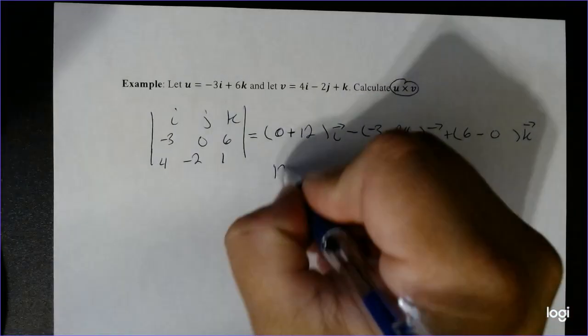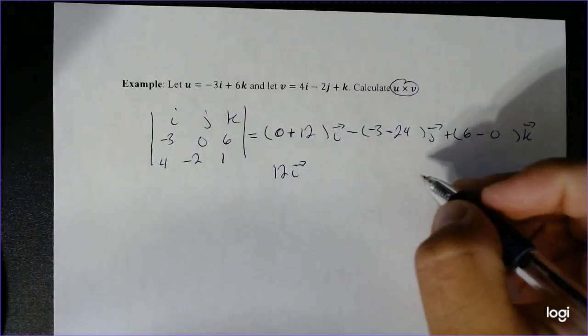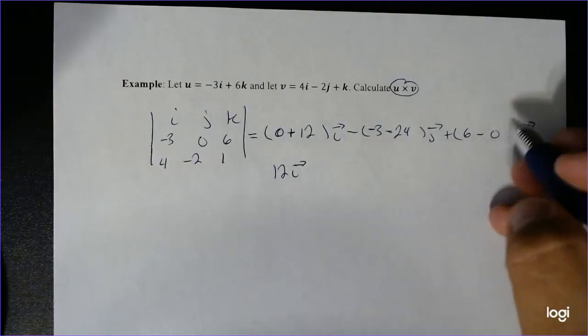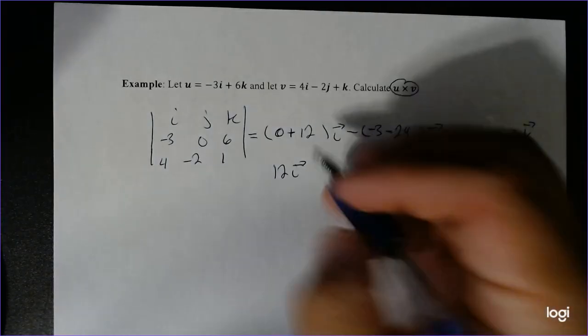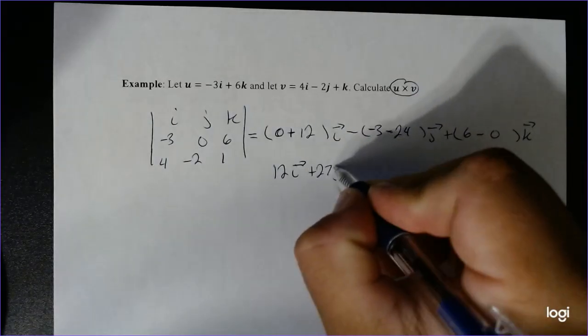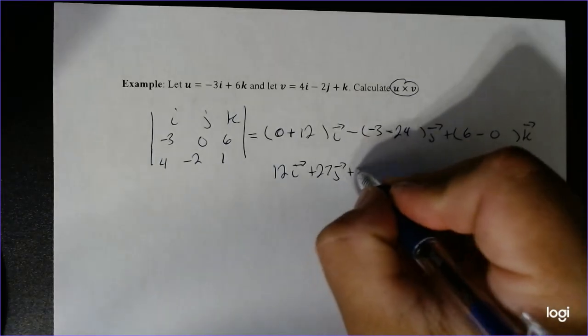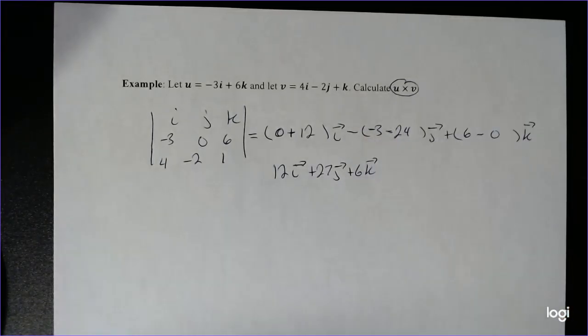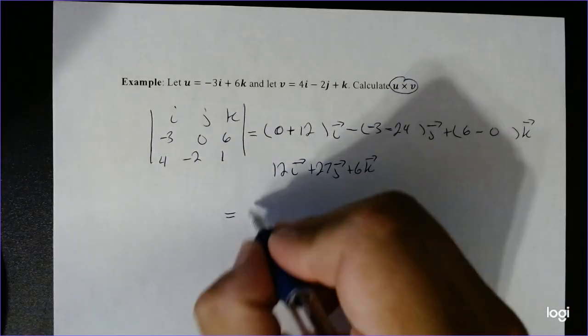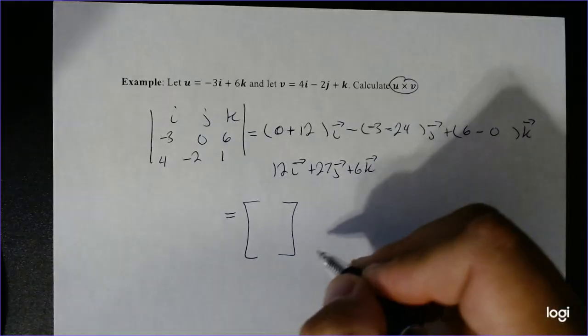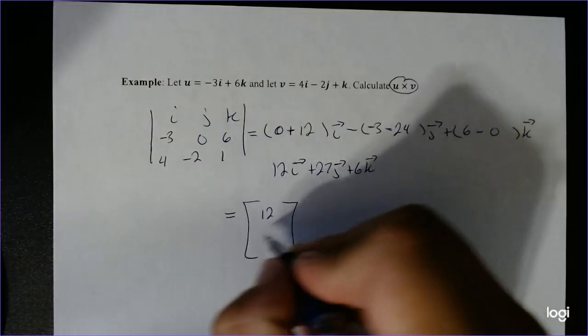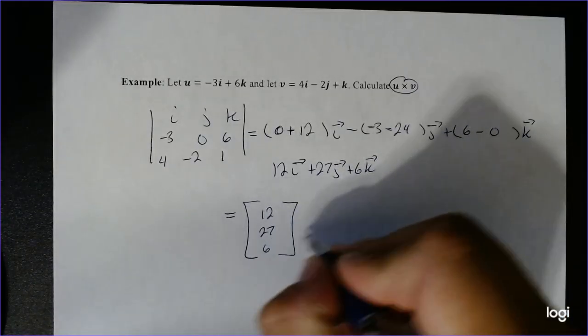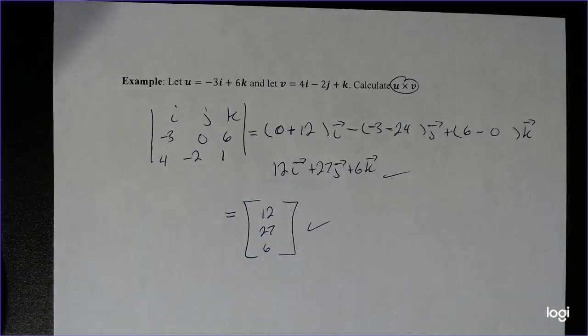So we get 12i. This is negative 27 minus negative, so positive 27j, and plus 6k. So you could leave it like that, or you could just give it to me in the vector format. And there we go.